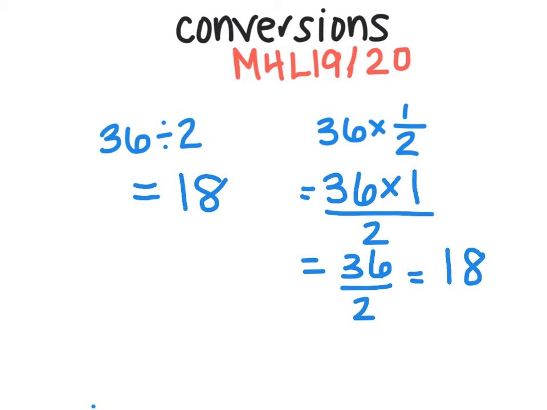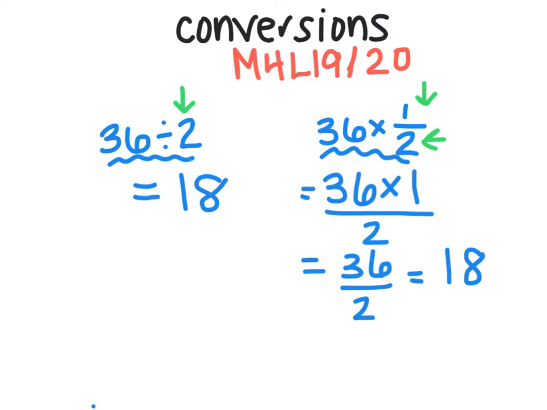So when we're converting with fractions, it's important to remember that division is the same as multiplying by a fraction. Notice how we took 2 and changed it into 1/2. So the denominator was still 2 when we were multiplying by a fraction, and we got the same answer.